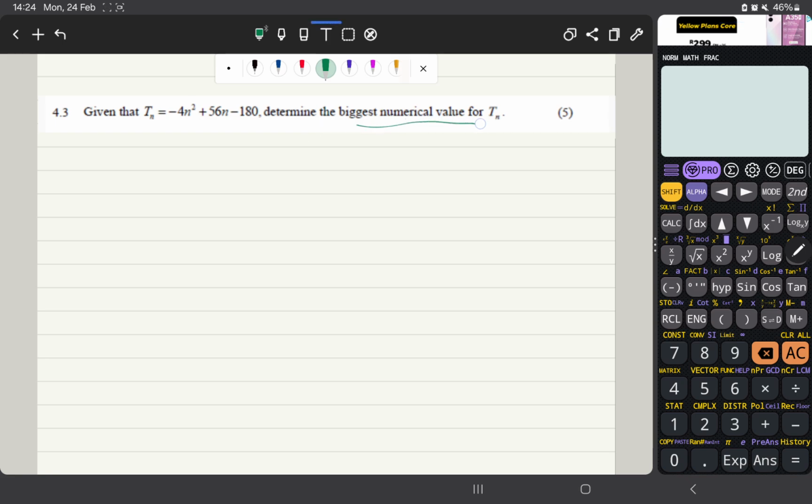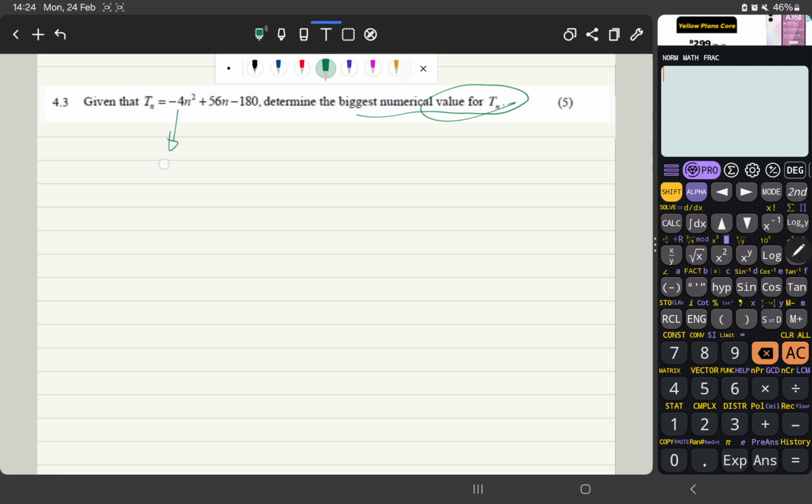Determine the biggest numerical value for term n. So here we remember there was a question that said determine what will be the smallest number in the equation. This one is saying what will be the biggest number. And the reason it's saying the biggest number, you look at your a, it's negative, your a is below 0. What does that mean?